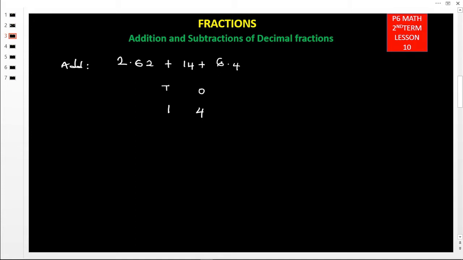Then after that, we choose another one out of the two that have remained. For example, we can take 2.62.